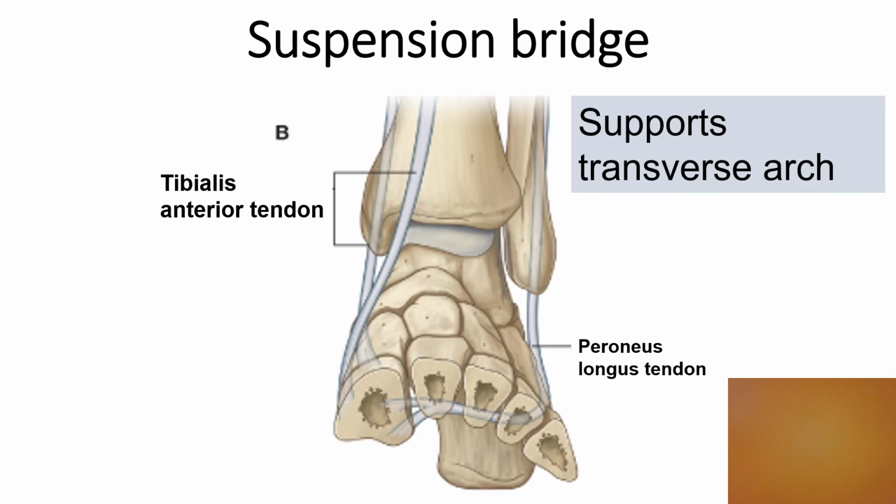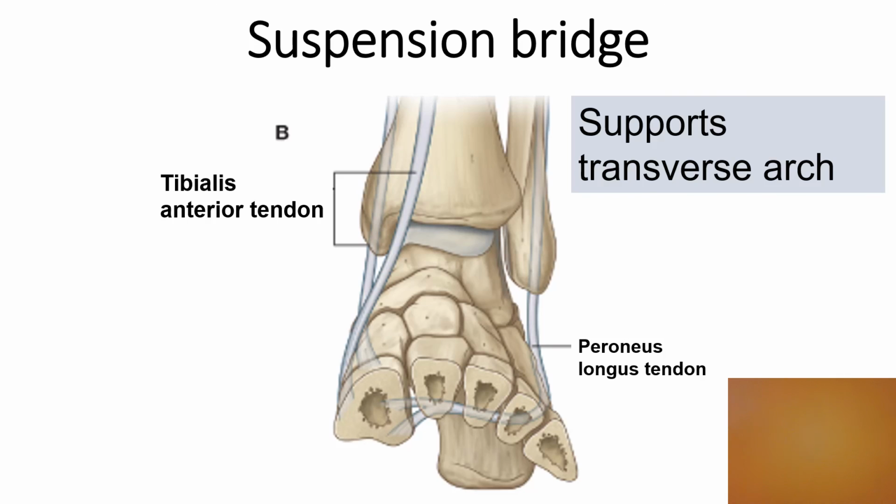The peroneus longus tendon extends from the lateral side across the sole of the foot from lateral to medial, meeting the tendon of the tibialis anterior muscle, which crosses the medial side of the foot, and they meet at the medial cuneiform and the first metatarsal.